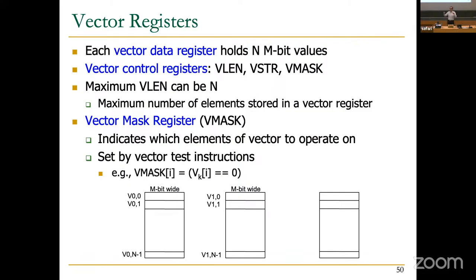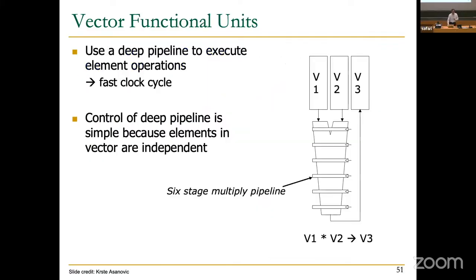So basically, this is a bit vector specifying whether the condition that you tested was true for each element of the vector. And then you can use this to perform conditional operations, essentially. After you set the mask, if you do a vector add, the addition will take place only for those elements where the corresponding element of the vector mask is set to 1. Okay? So it's beautiful. We're going to get back to this.